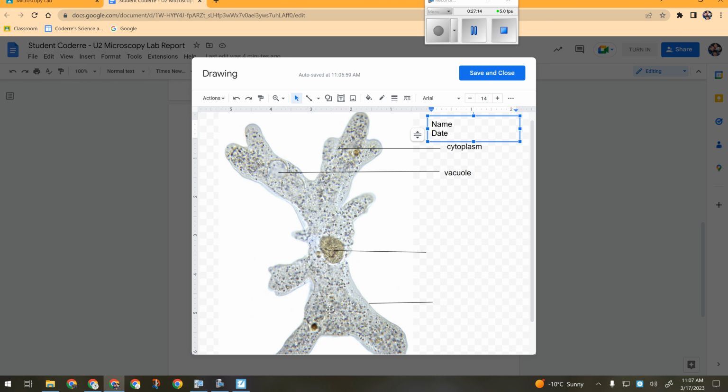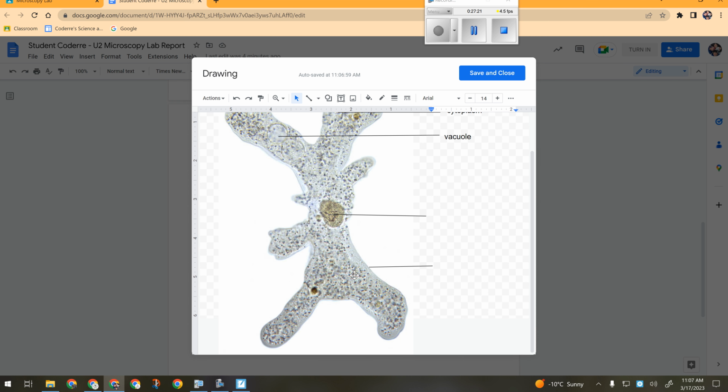And then at the bottom of your diagram, this is the weird part, is where your title, size, and magnification go. So you'll put one text box down here at the bottom, and hopefully you have enough room. I didn't really plan my room out very well here.